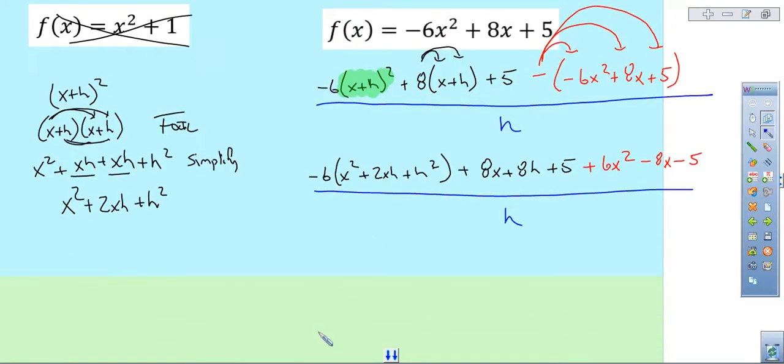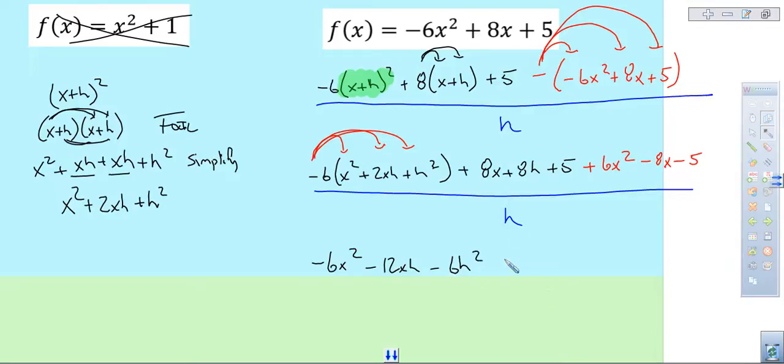Unfortunately, we still need to multiply that 6 through there. So we got to multiply that negative 6 inside of those 3 spots right there. So that gives us negative 6x squared minus 12xh minus 6h squared. Bring everything else down. We could actually cancel those. A positive 8 and negative 8 cancel. A positive 5 and a negative 5 cancel.